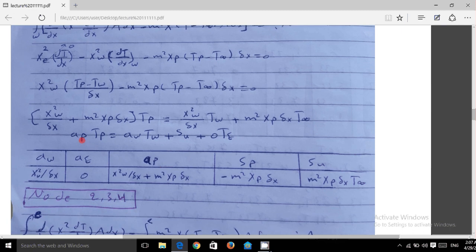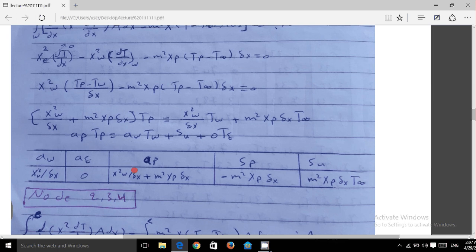The equation is a_P T_P equals a_W T_W plus the source term plus a_E T_E. T_E, I don't have T_E at node 1. So a_E is equal to 0, and a_W is equal to x_W squared over delta x.